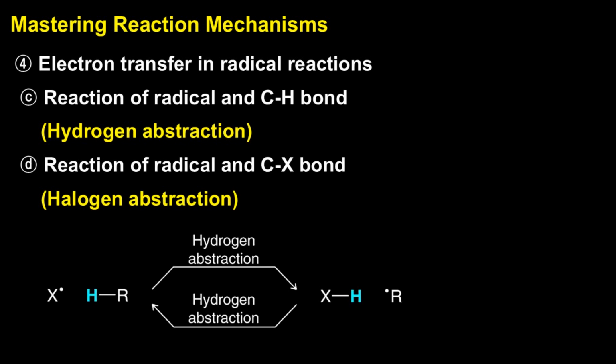Radicals can also react with C-H bonds in a process called hydrogen abstraction. That's where a hydrogen atom, along with its bonding electron, gets pulled off by the radical. A similar thing happens with C-X bonds in what's called halogen abstraction. Here, a halogen atom is transferred in the same way. The radical takes the atom and its bonding electron in one step.